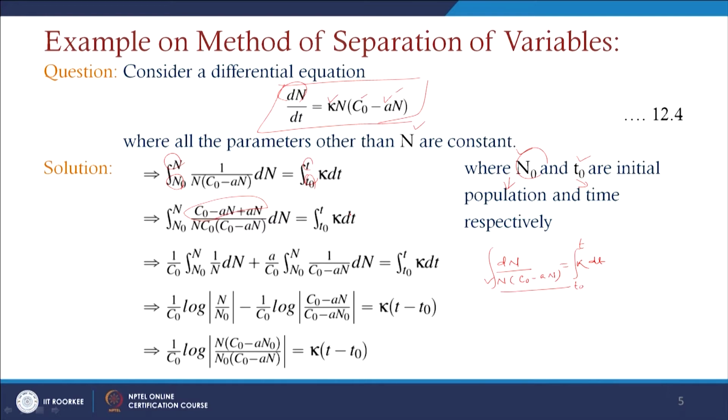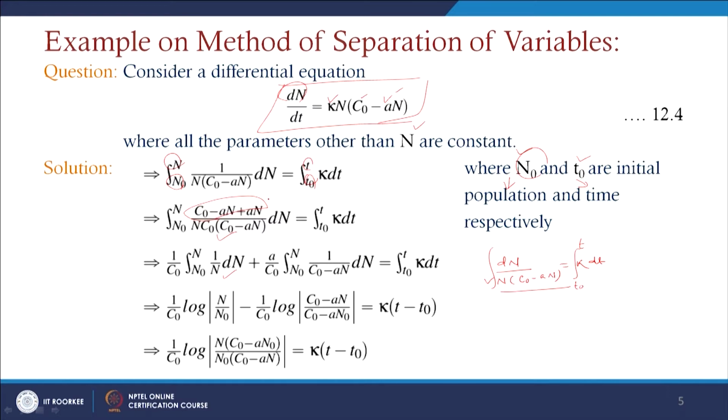If we separate all these terms, the first term C0 - aN gets cancelled, so we can write 1/(N C0). C0 is a constant, so C0 can be taken out: the integral from N0 to N of (1/N) dN.